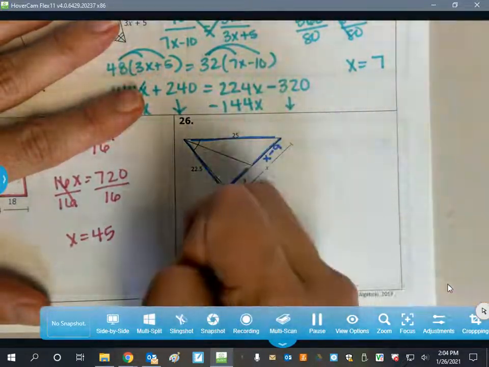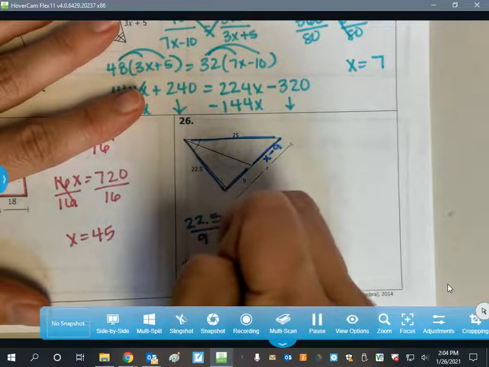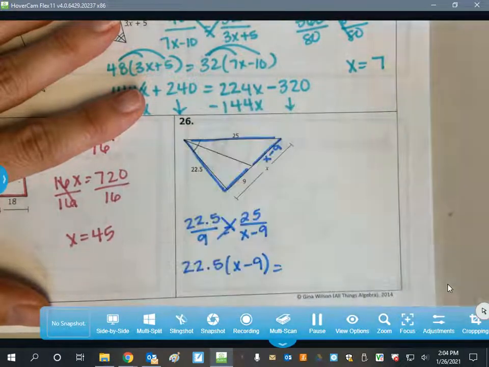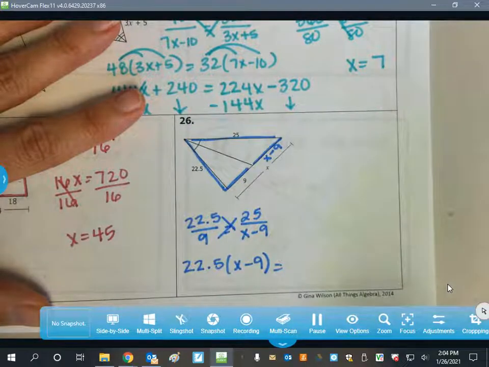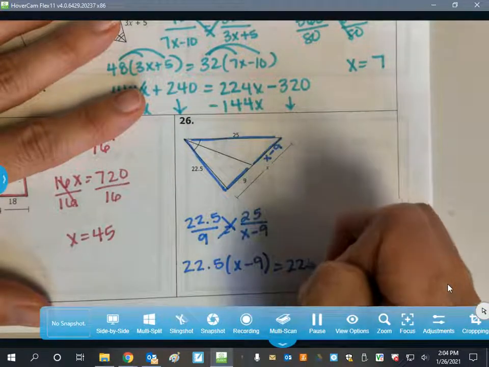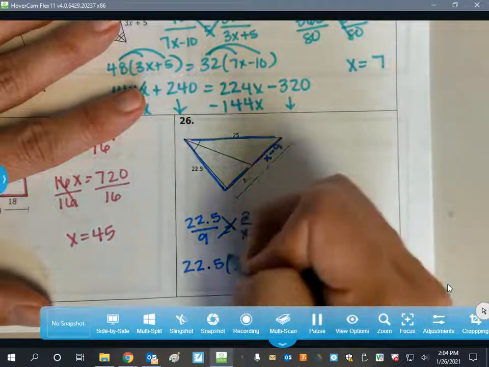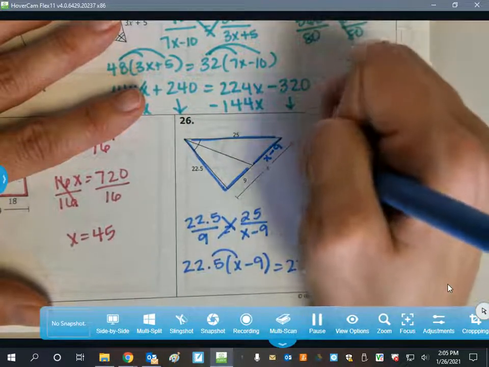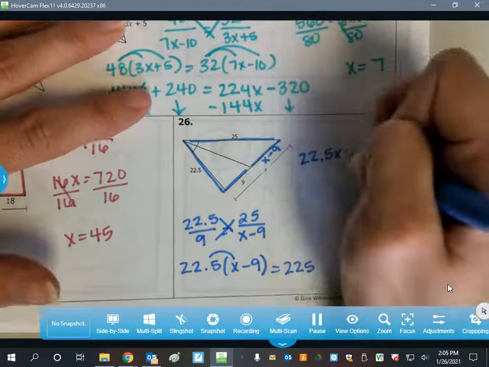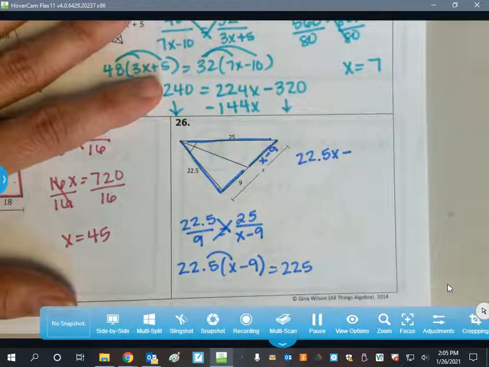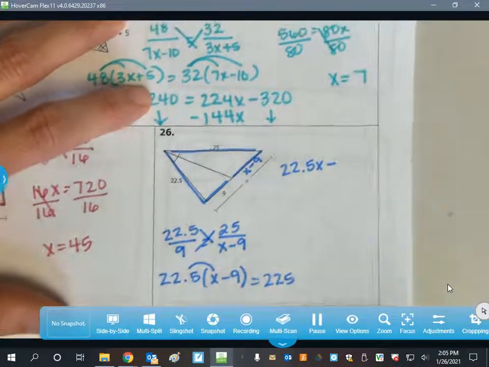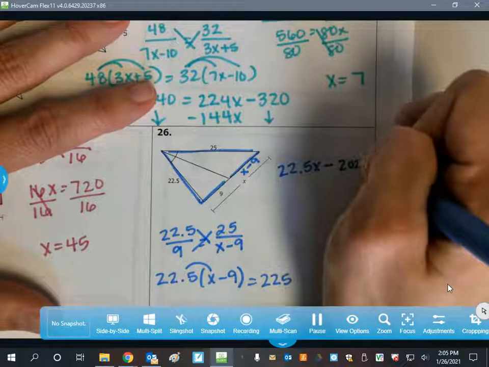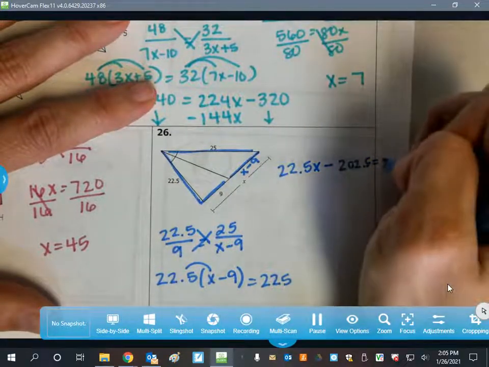22.5 times x minus 9 equals 9 times 25, 225. So distribute 22.5 times x. I'm going to write this up here. 22.5x minus 22.5 times 9 is 202.5 equals 225.